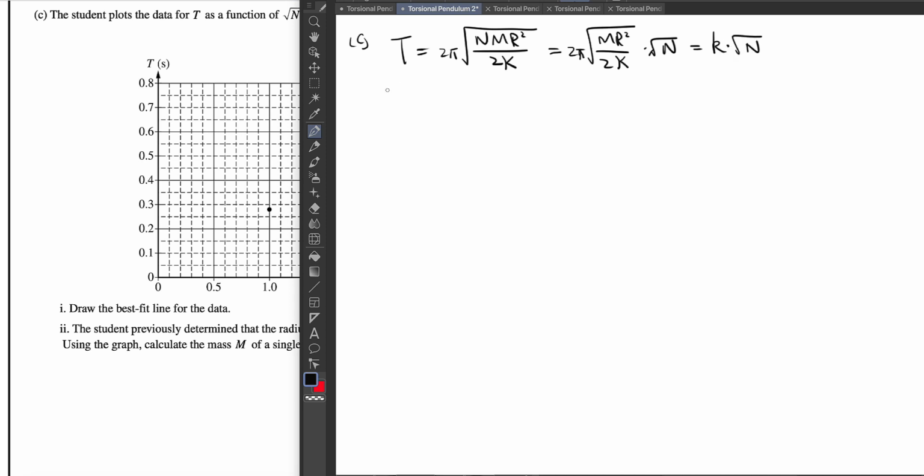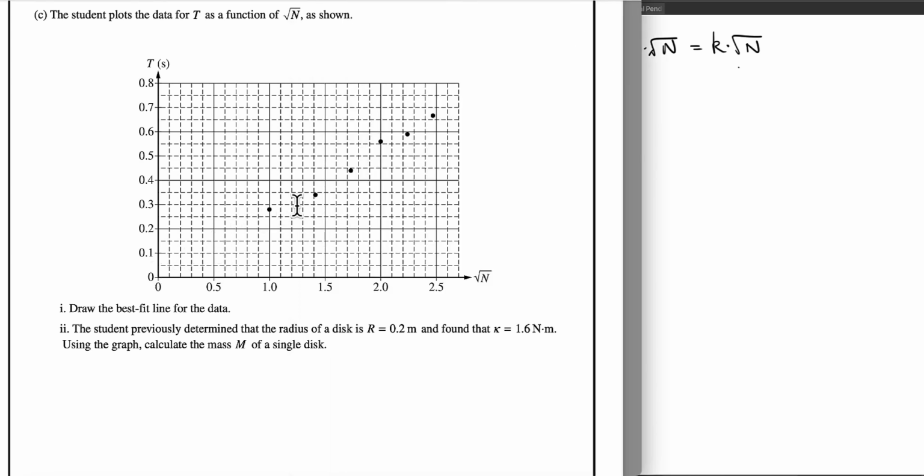So slope is k, given by the whole thing here. And this relation is supposed to be a straight line going through the origin. So you would draw a line trying to go through the origin like that, right?